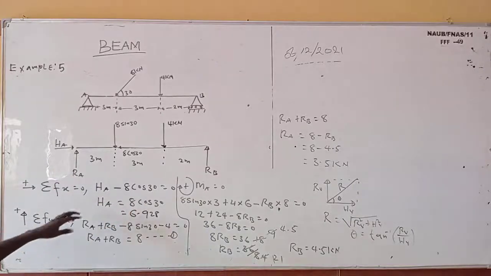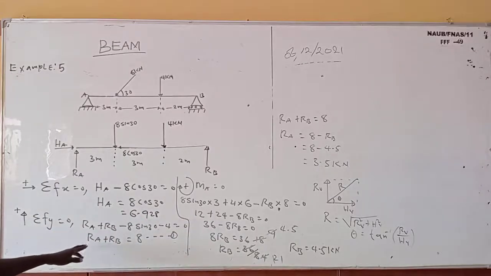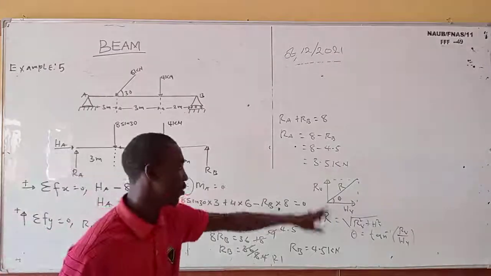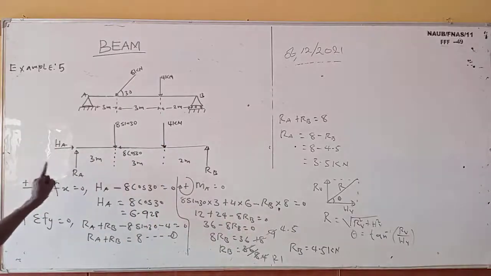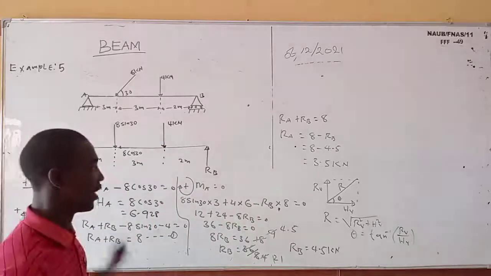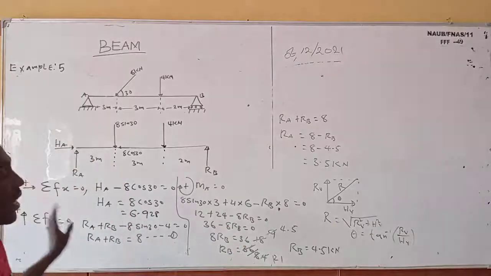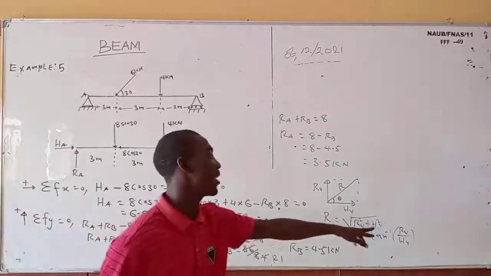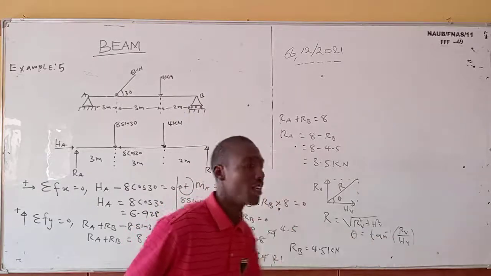So now you know we have our horizontal reaction at A, which is this, and we get our resultant at A also, which is this. If you use this formula, you are going to get your resultant at A. And for us to get the angle of inclination, it's tan inverse of the vertical reaction over the horizontal reaction.